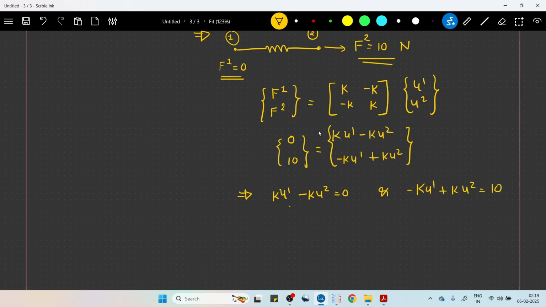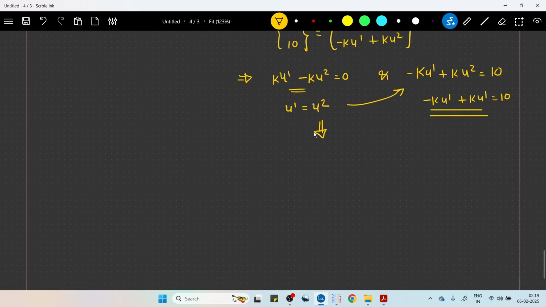If I expand this, I get U1 equal to U2. If I substitute U1 and U2 in the second equation, minus K U1 plus K U1 is equal to 10, and there is no solution. This becomes 0 equal to 10, which means we cannot solve this problem.